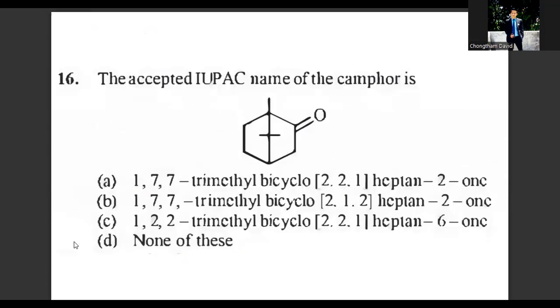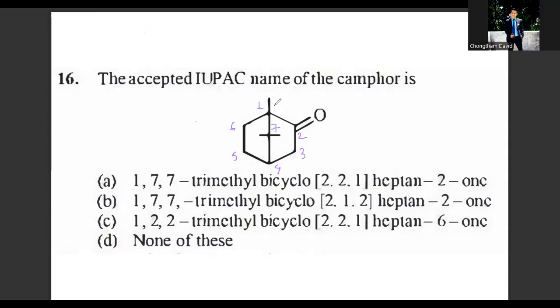Question 16, the accepted IUPAC name of camphor. This is the formula of camphor: 1,7,7-trimethylbicyclo[2.2.1]heptan-2-one, or heptane 2 on, heptane 6 on, none of this. So what will be the answer to this question? It is a bridge compound. So when bridge compounds are given, you can do the numbering 1, 2, 3, 4, 5, 6, then later on here, 7.